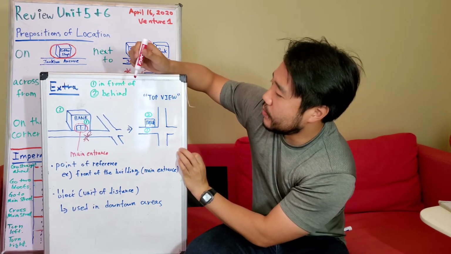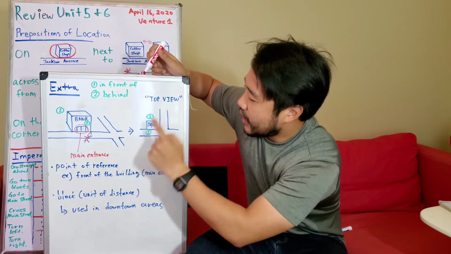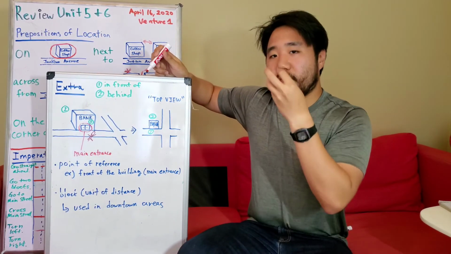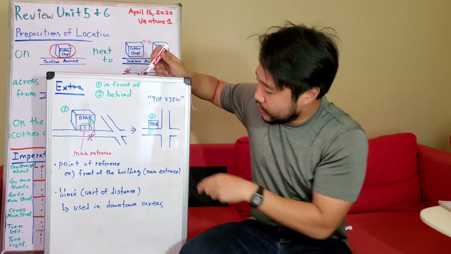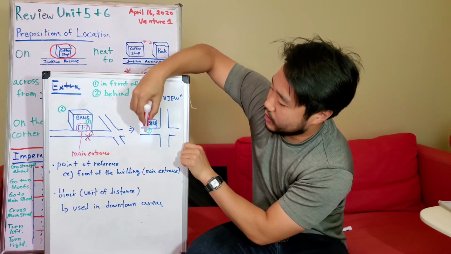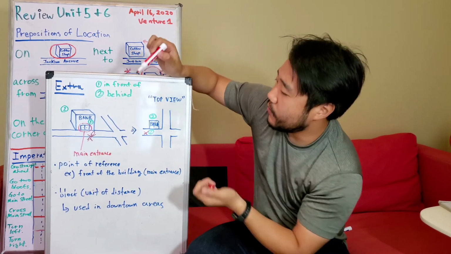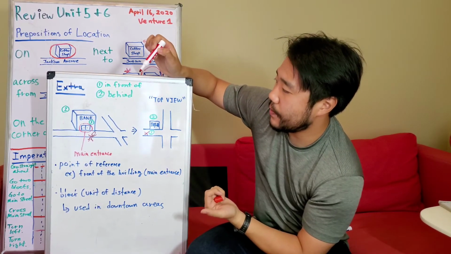So let me go over this one. So the top view, if you're looking from the top to bottom, this is how it's gonna look like. So I'm here right now. So I'm in front of the bank, right?